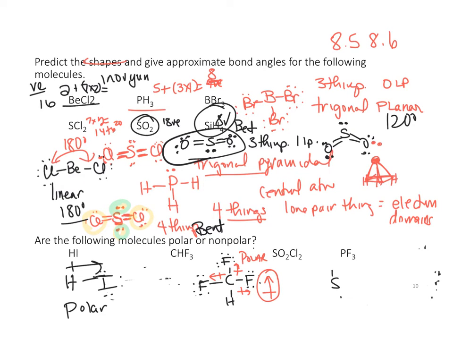Okay, SO2Cl2. I would say you're dealing with something like this, and we're going to have to add those valence electrons.